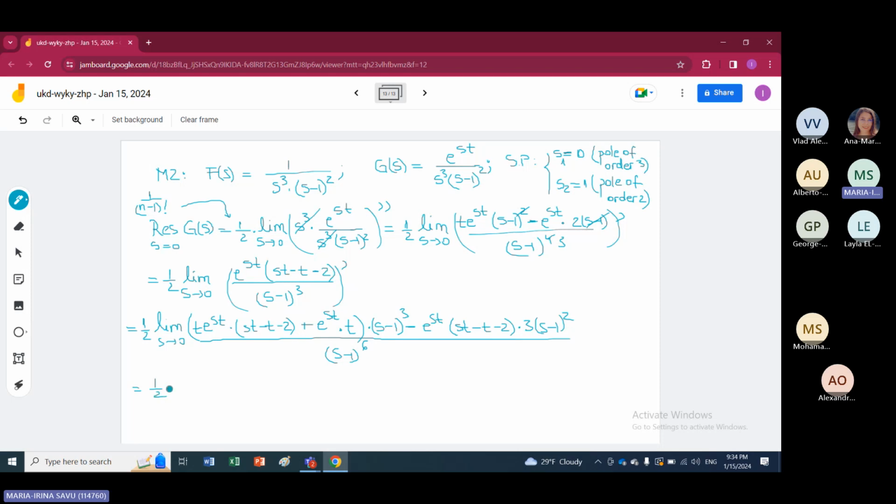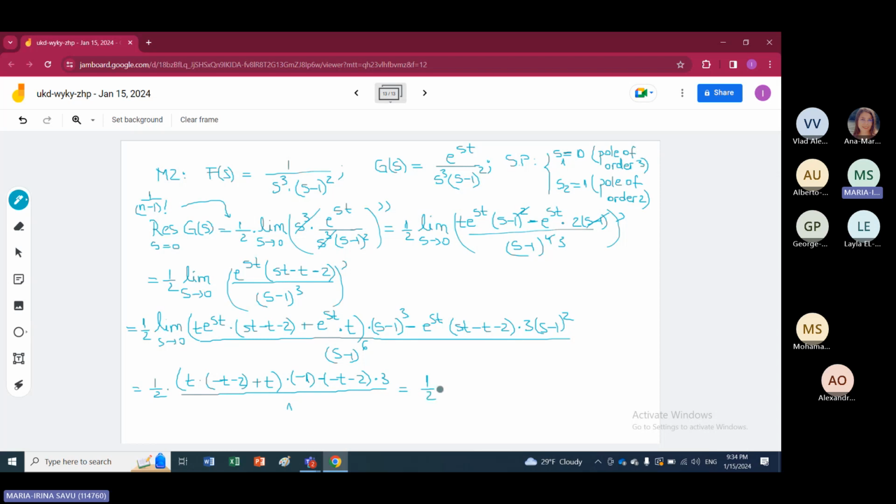And then we have to replace s by 0. That's t times (t minus 2). Okay, so s is 0. This is 1. This is 0. Plus t times minus 1, minus (t minus 2) times 3 times 1, over 1. Okay, this is minus 1, this is 1, this is 0, this is 1.